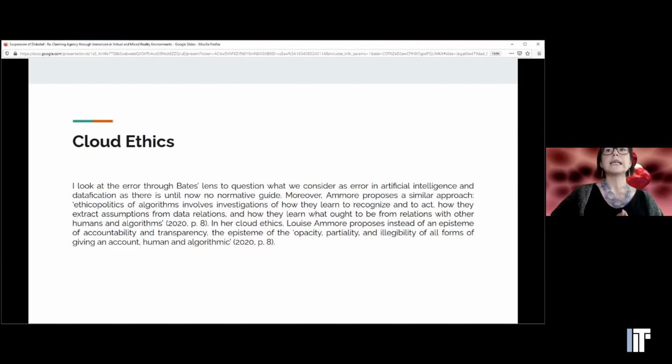She proposes, instead of an episteme of accountability and transparency, the episteme of the opacity, partiality, and illegibility of all forms of giving an account, human and algorithmic. This is the starting point of my work as well.